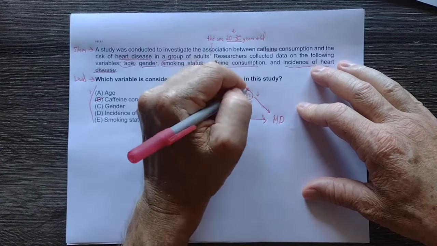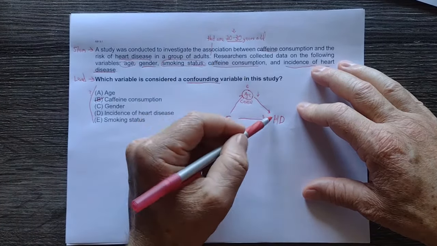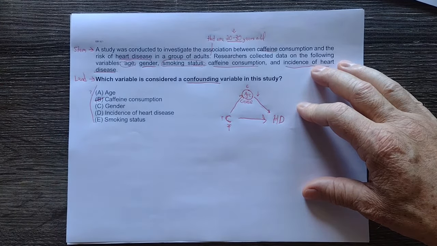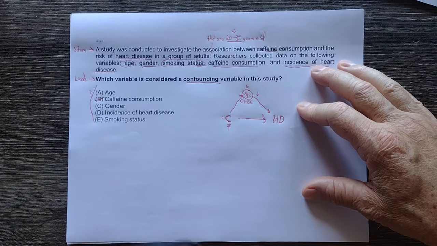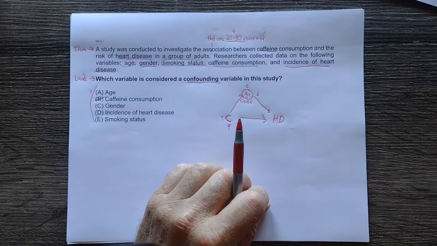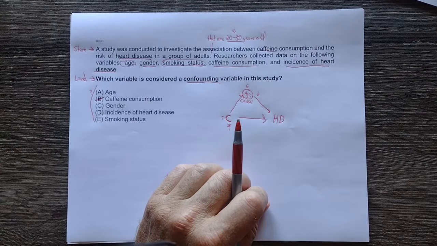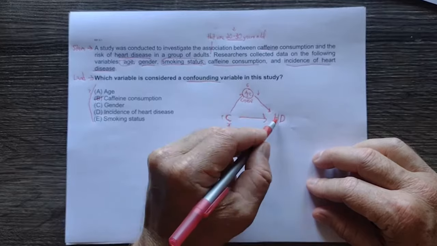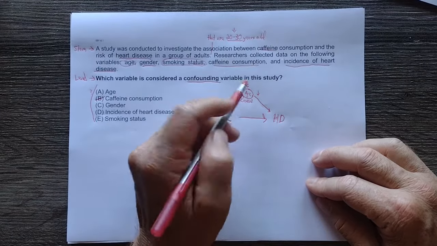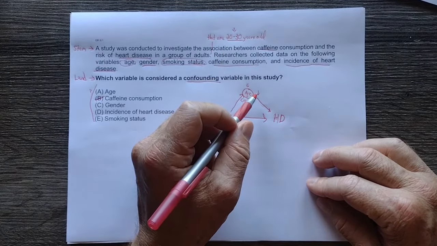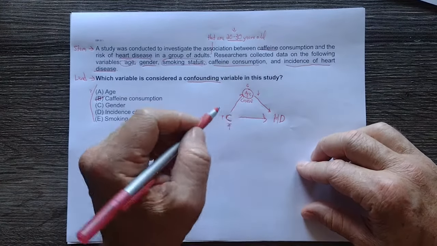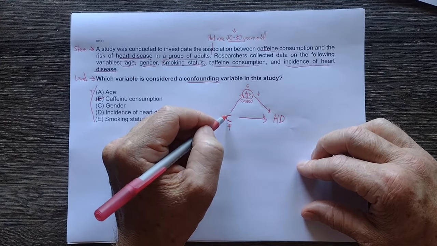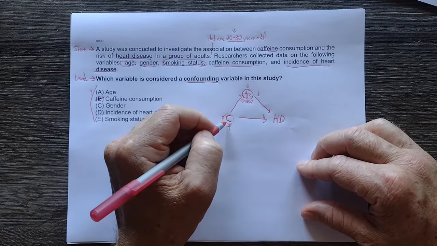Gender. Does gender have an association with heart disease? Actually, I think it does. But the issue here, again, is that we're talking about 20 to 30-year-olds, so it's less likely that gender has an association with heart disease in this group. And most likely gender might not have an association with caffeine use.